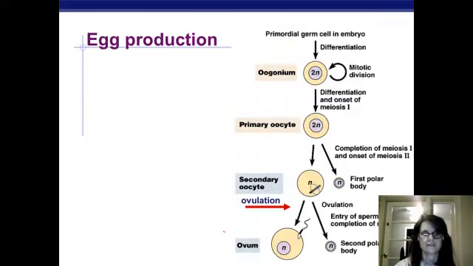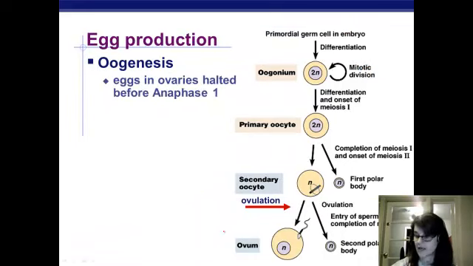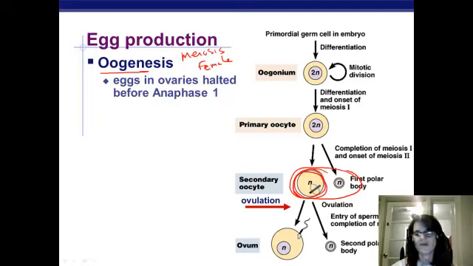Okay? So, egg production, or creation of eggs, meiosis in a female, is called oogenesis, and it's a little bit different for one important reason, and that is that meiosis is not equal. In a female, we will create one cell that's got all the cytoplasm, all the organelles, all the nutrients, all the everything, and another cell that has almost none of that, and it just has some genetic material. So this has got the genes of the mother and lots of other stuff.